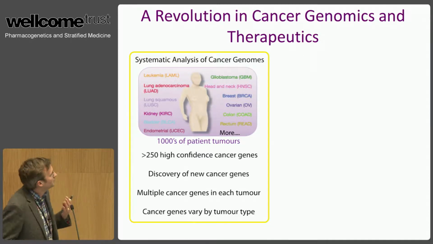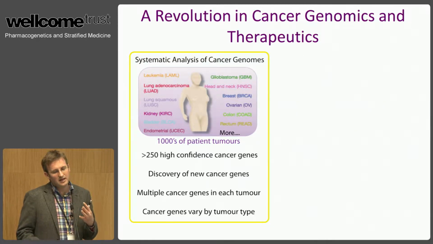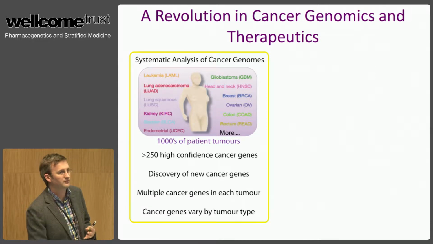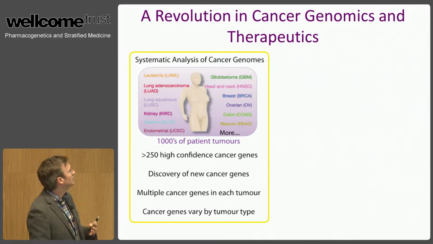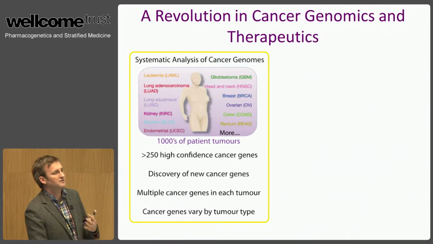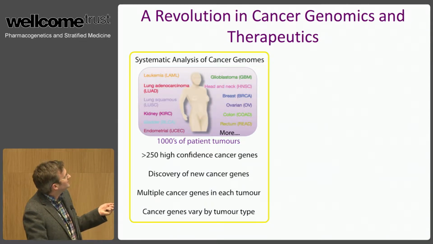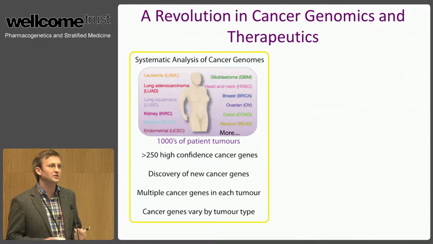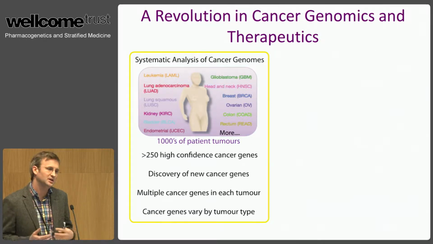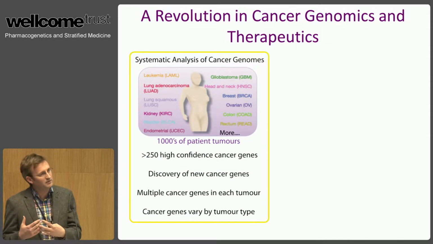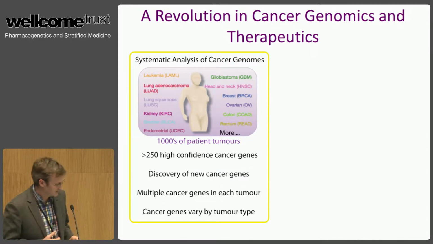And from that, I just wanted to highlight a few key points that are important for what I'm going to discuss later on. The first is that these are identifying many genes that are causally implicated in cancer, what we tend to call cancer driver genes. To date, there are at least 250 of what I would define as high confidence genes that we think are causally implicated in cancer.